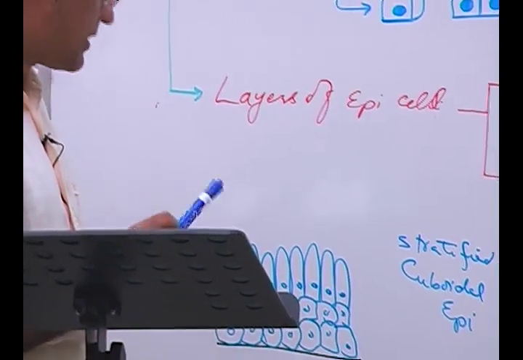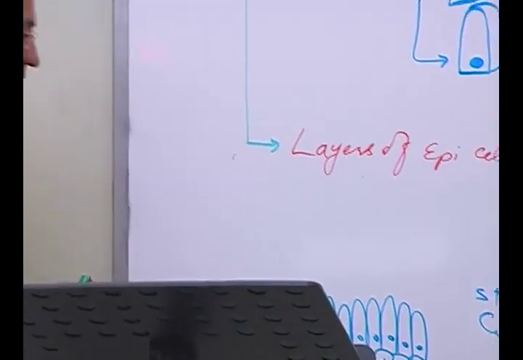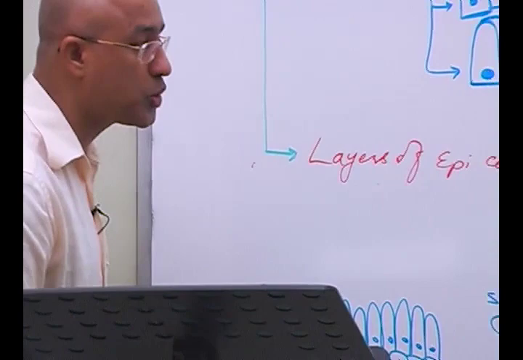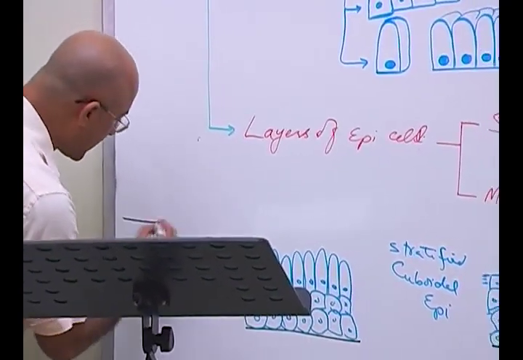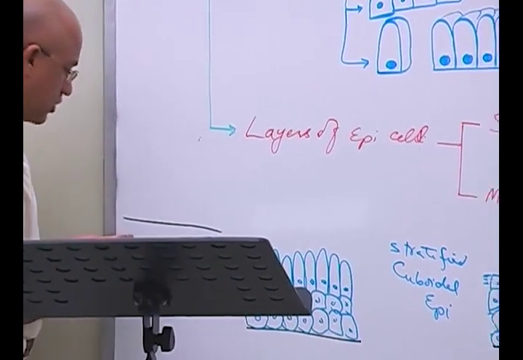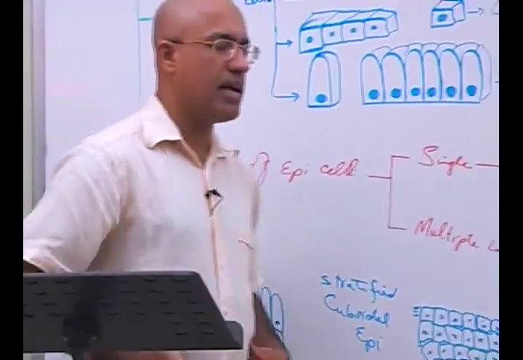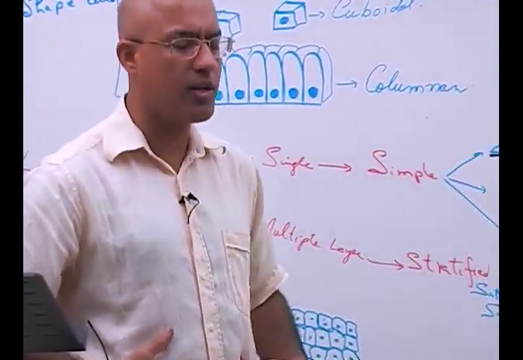Then there's another type of epithelium which is specially found in the urogenital system, for example, the epithelium which is lining the urinary bladder.